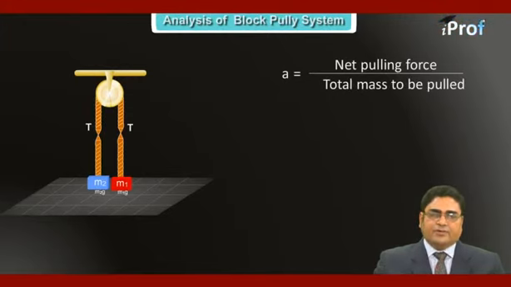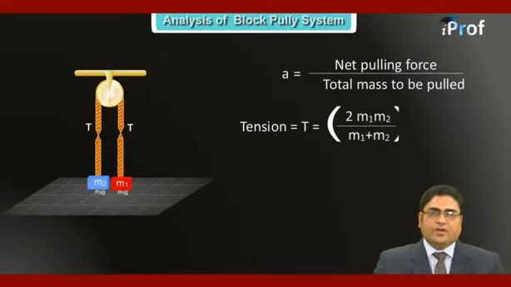If we substitute the value of acceleration, we will get tension T in the string equal to 2M1M2 into G upon (M1 plus M2).